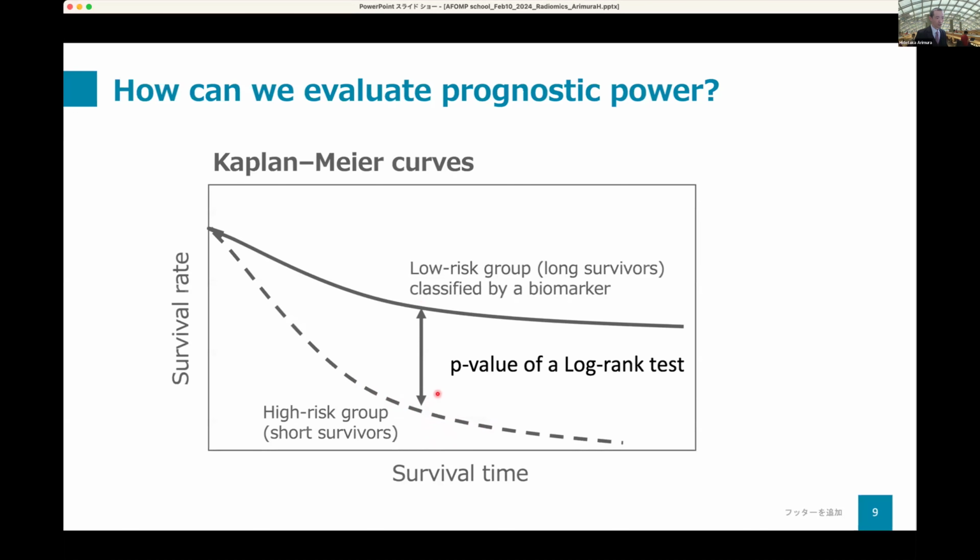And we try to classify patients into a low-risk group and high-risk group by using a significant image feature set. Then we calculate the p-value of the log-rank test. If the p-value is less than 0.05, the significant image feature set may be effective for classification of low and high risk groups.